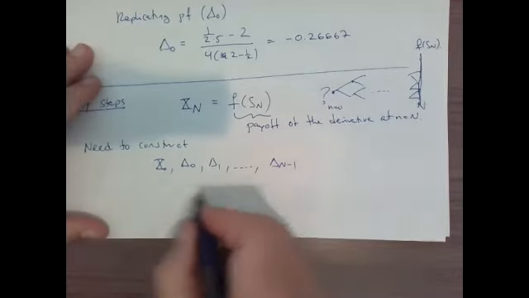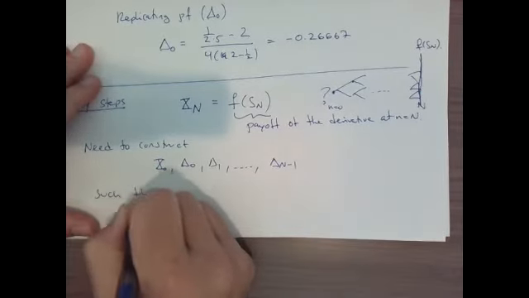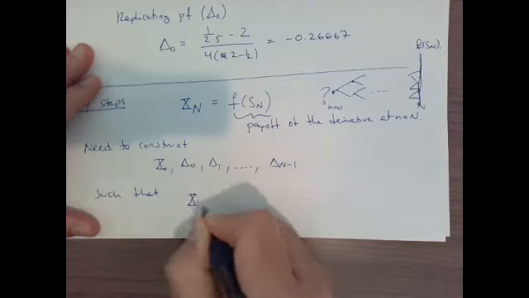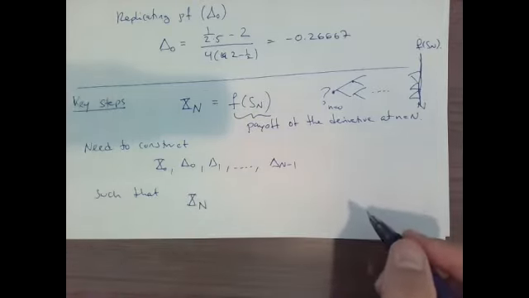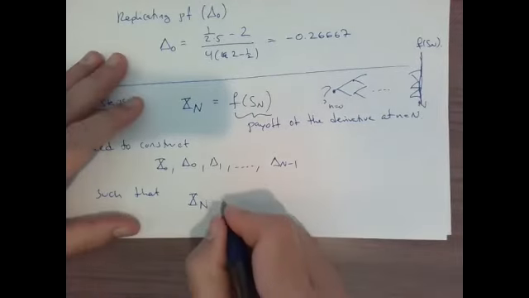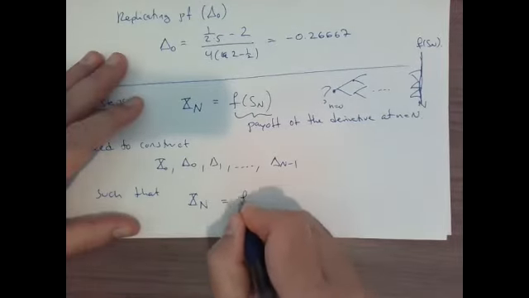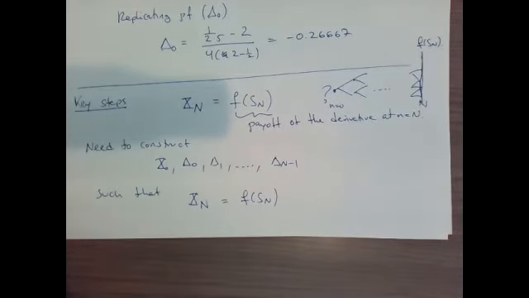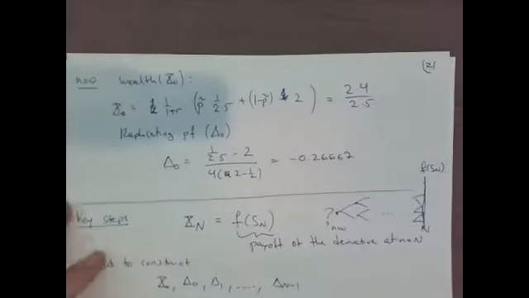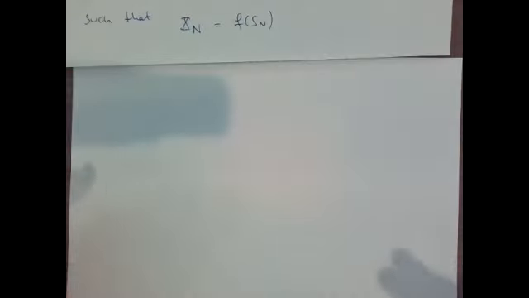We need to construct these such that the wealth that you're going to get out in the end, xn, equals this derivative here. And the question is, how does one do that? Like how does one construct this replicating portfolio? Well, we use martingales.